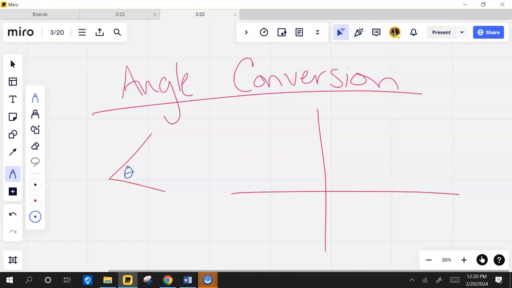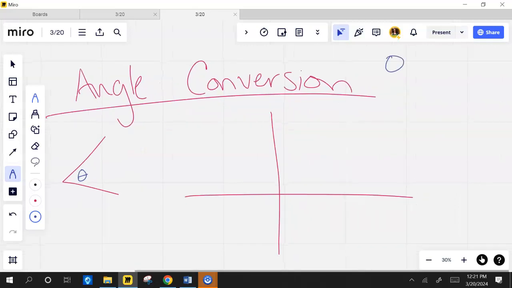It's what we use most often to denote degrees, or not even degrees, because we're going to talk about other stuff, but angle measure. Okay?